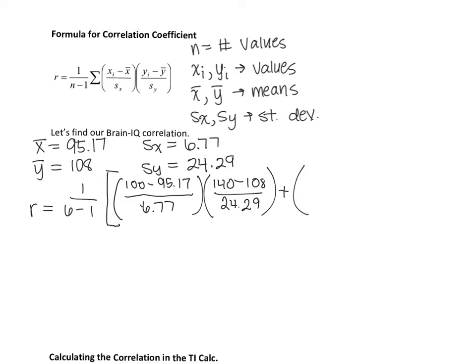Plus, now I have to move on to the second value for each. There are going to be 6 numbers here being multiplied.